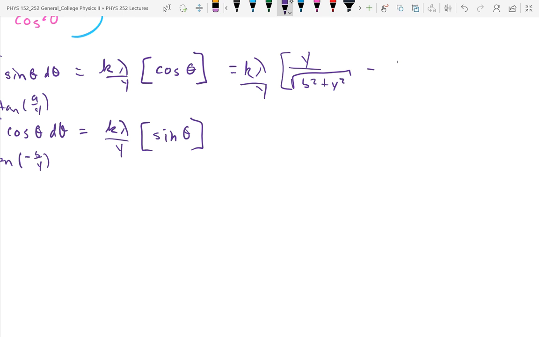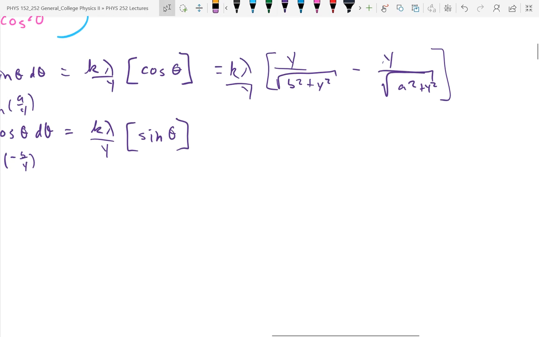And cosine minimum would be, and cosine is positive in both cases. So it should be that.